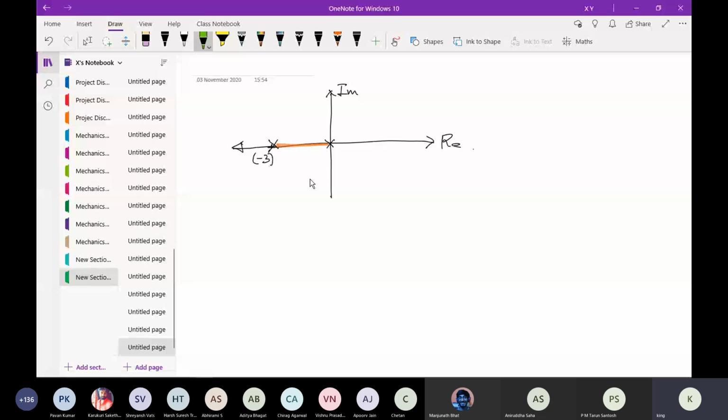So how to reconcile that with what we are seeing here? The actual root locus will look something like this.